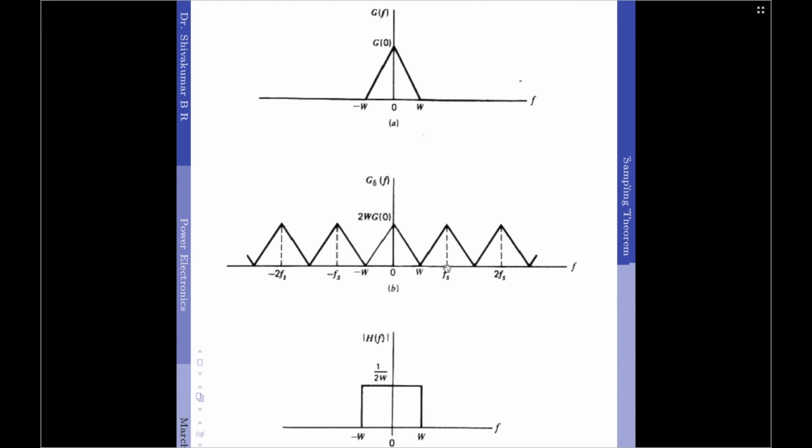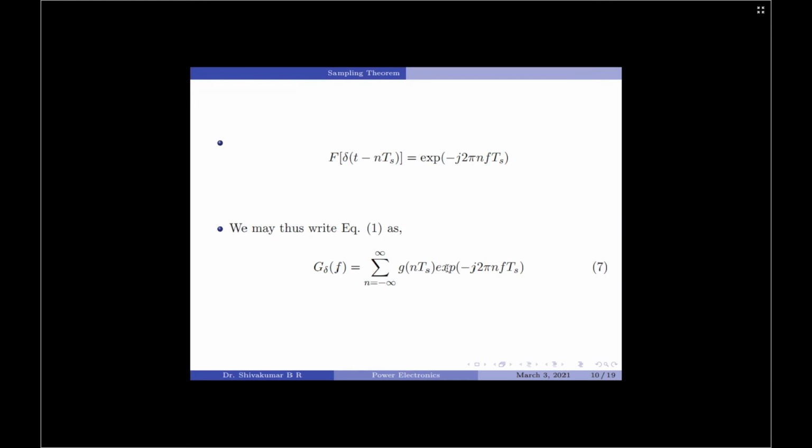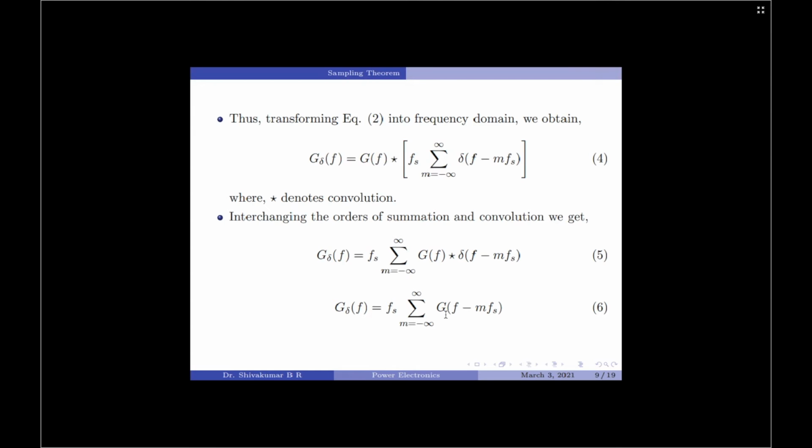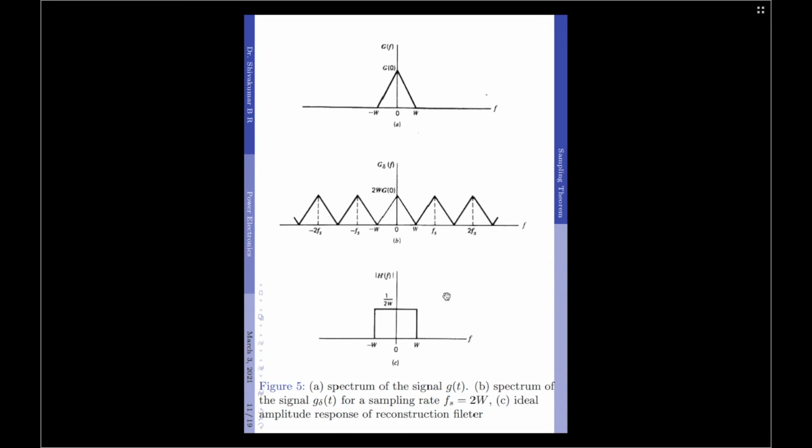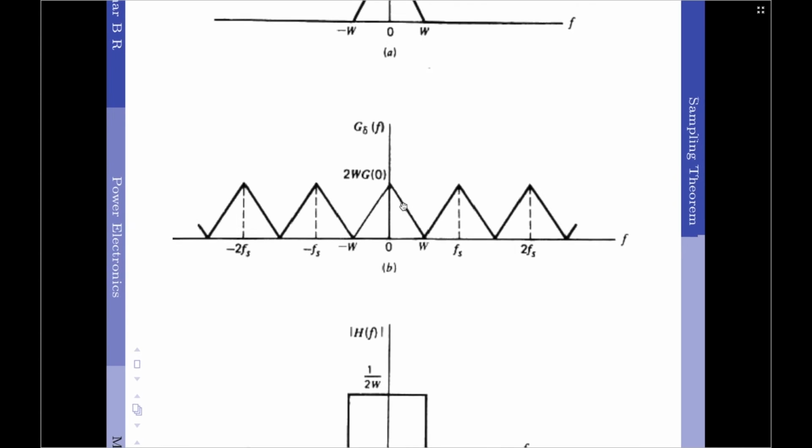It is also worth noting from our previous expression, that is equation 6, that the spectra is now weighted by the term fs. Here fs equals 2W. Therefore, when I go to the spectra of the sampled signal, you will see we have a 2W multiplication factor in the amplitude of the sampled signal.